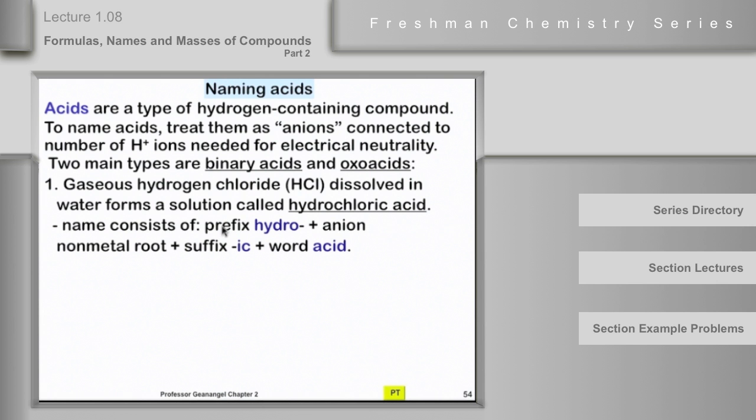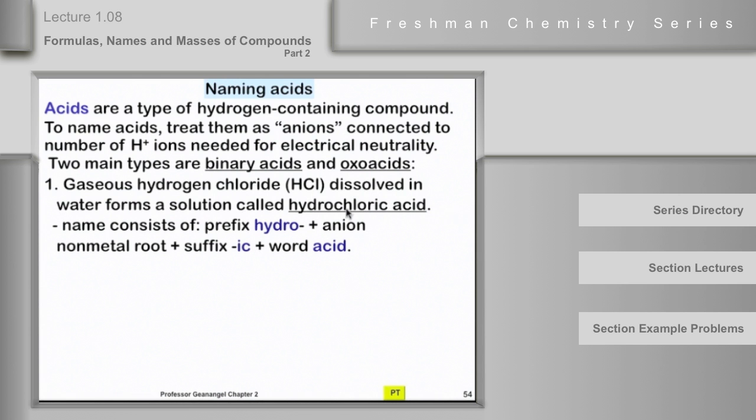The name for binary acids consists of these parts. You start off with a prefix hydro. You only do that for binary acids. So hydro plus the anion nonmetal root. In this case it's hydro. Chlor is the nonmetal root for chlorine. And then you add IC as a suffix to that, and then the word acid.